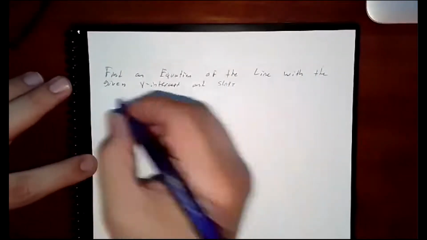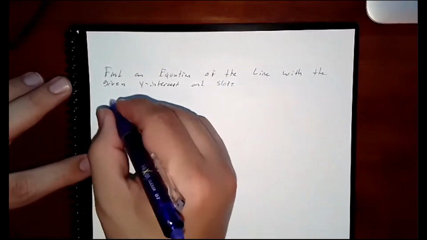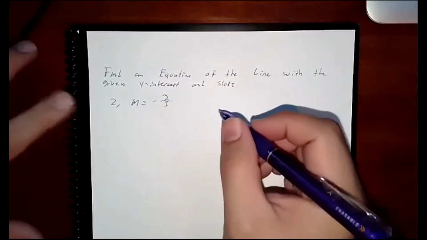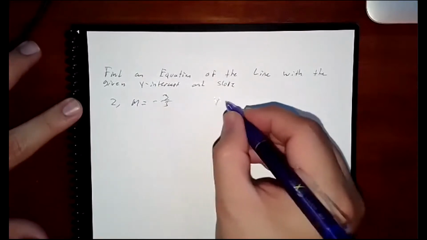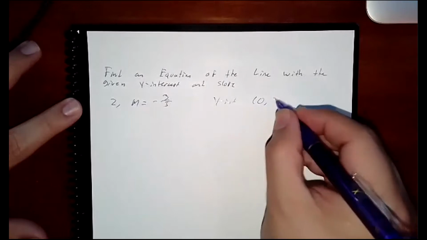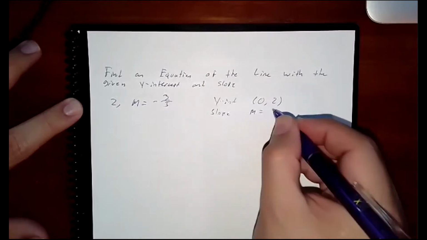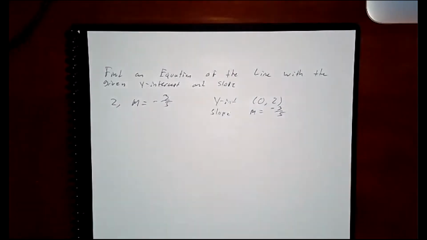So they give you 2 comma m equal to negative 3/5. Remember that 2 means y-intercept is (0, 2). Slope is m equal to negative 3/5. So let's use that same formula.